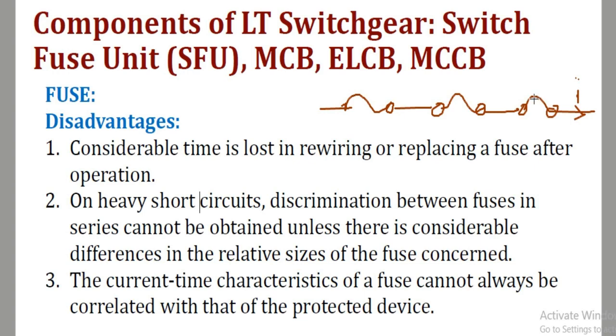Okay, so here what he is saying is, on heavy short circuits, discrimination between fuses in series cannot be obtained unless there is a considerable difference in the relative sizes. That means, let us say the thickness of this wire here is T1, and here this is T2 and here this is T3. So let us assume T1 is greater than T2 is greater than T3.